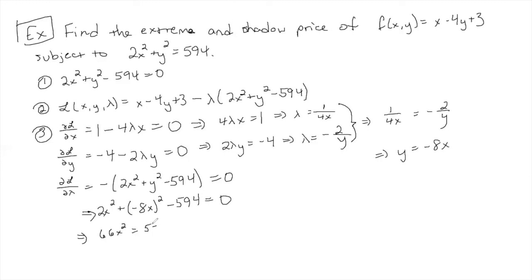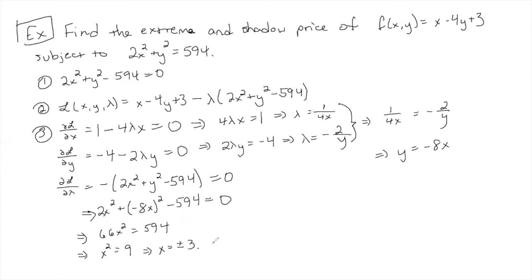That's going to be equal to 594. And 594 divided by 66 turns out to be 9. So x is equal to plus or minus 3. Plus and minus here is important because it turns out I get 2 extrema, so it's important not to miss one.